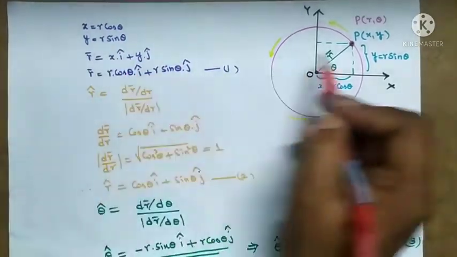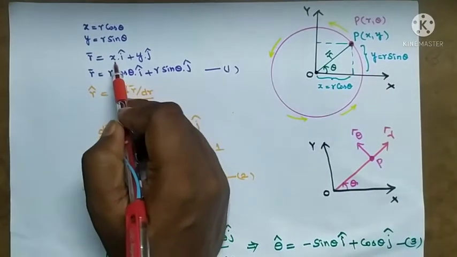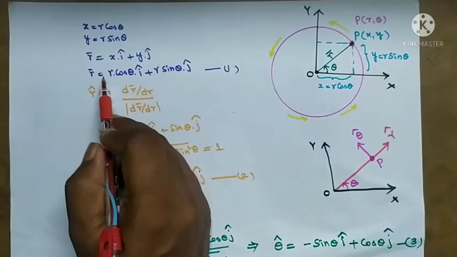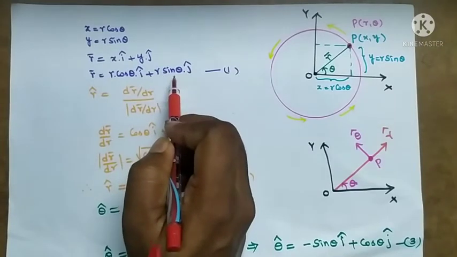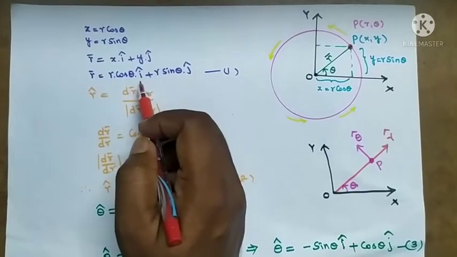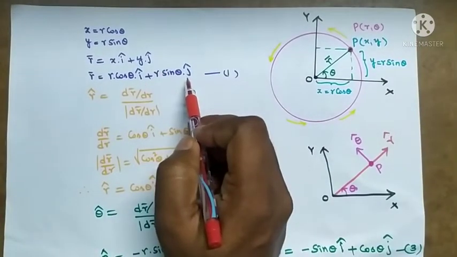Then the position vector of this point is r bar equals x i cap plus y j cap. That is, r bar is equal to r cos theta i cap plus r sin theta j cap. So i cap and j cap are called the unit vectors along the x direction and y direction.